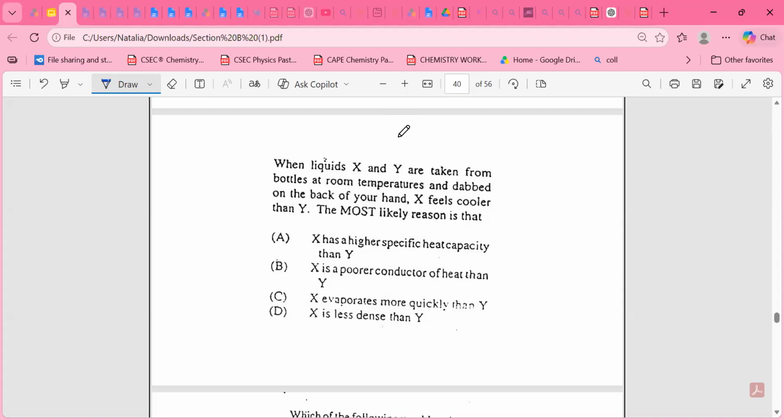X feels cooler than Y. The most likely reason is that X evaporates more quickly. C. So it's like alcohol and water. If you put alcohol on your hand, alcohol is going to evaporate faster than the water.